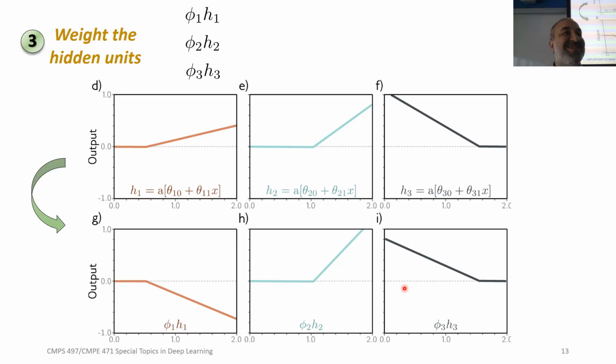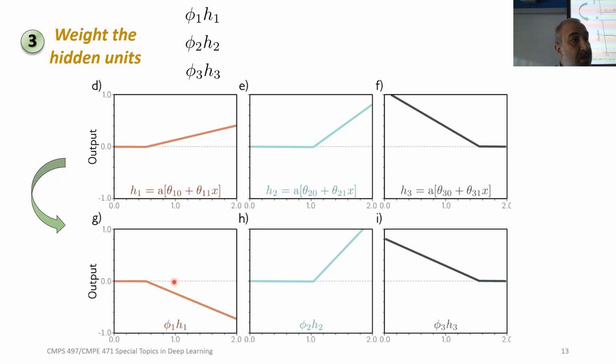There was a question here. No, these are not vectors. We are multiplying by a scalar, so it's just a multiplication. Why is that one negative?